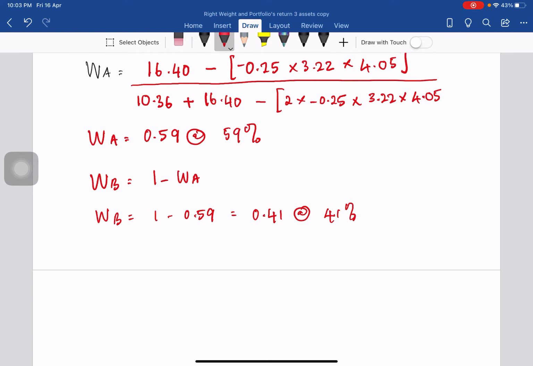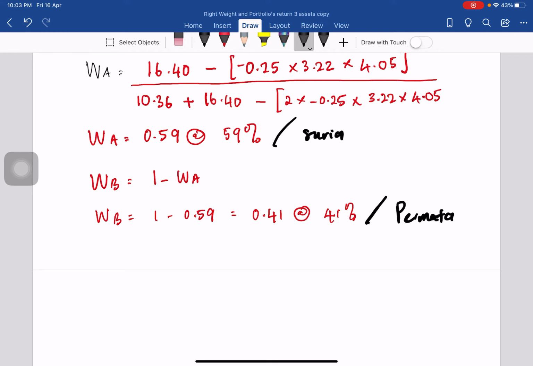So now we get the answer. To make a decision on how much to invest in Suria and Permata, we are going to invest 59% in Suria and 41% in Permata.